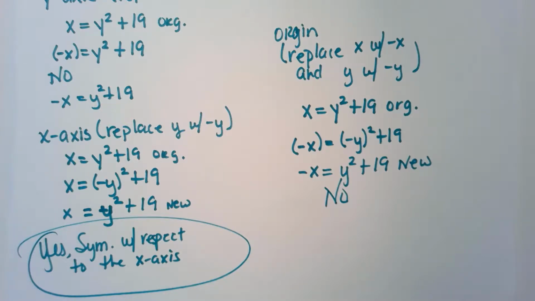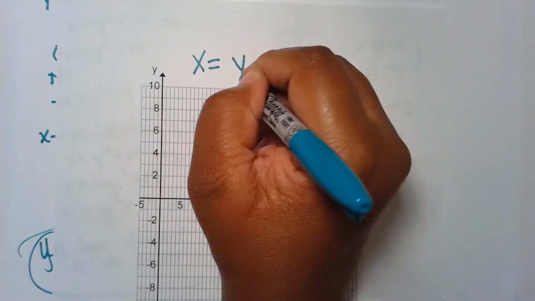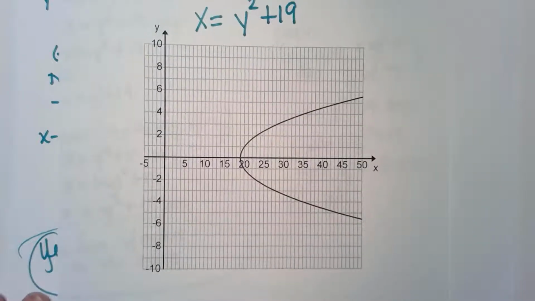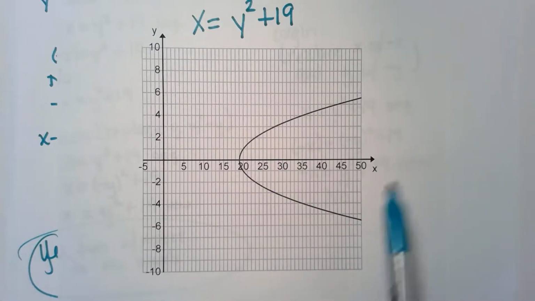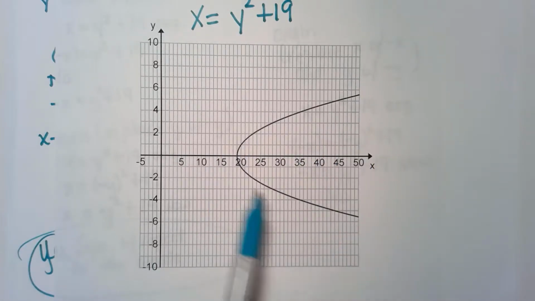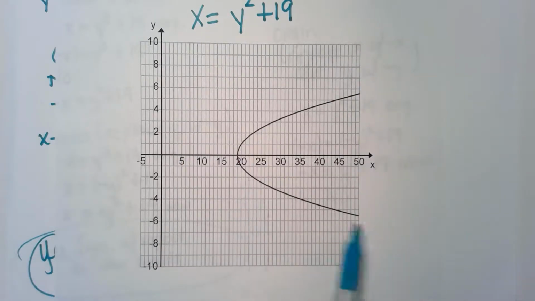Now, I want to show you the graph of this equation. x equals y squared plus 19. Look at our graph. It's a parabola that opens up to the right, because y is being squared, this is why it's opening up to the right.